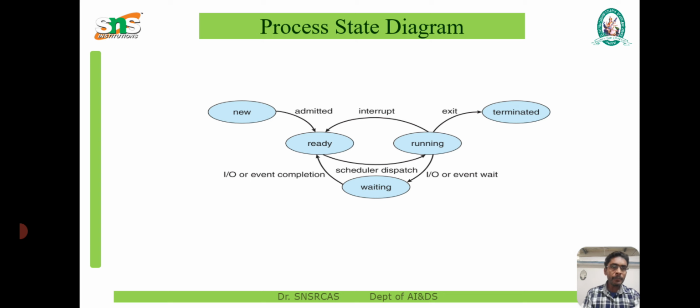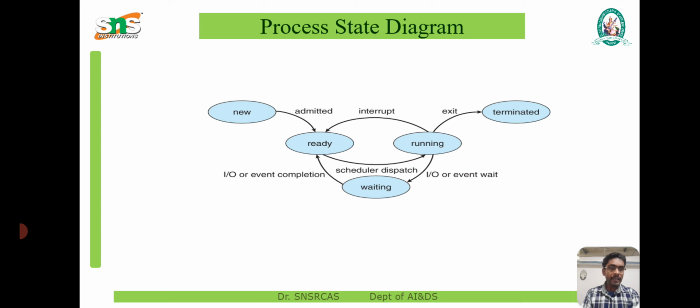If any interrupt occurs, the running process is returned back to the ready state. Otherwise, the running process may exit to the terminated state once the process has completed its running.